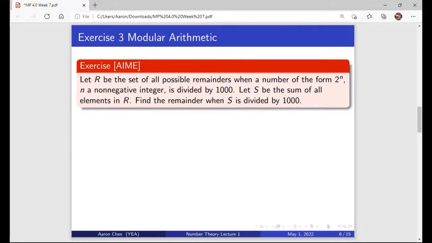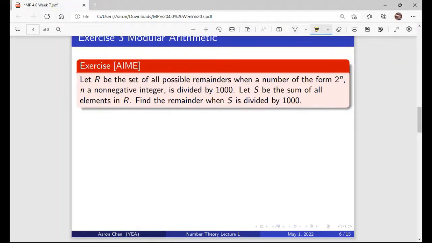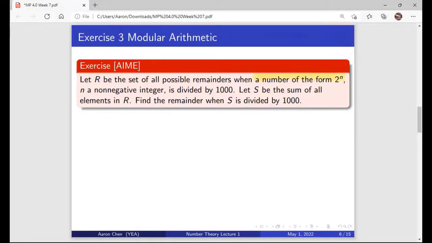Okay, so let R be the set of all the possible remainders when the number of the form 2^n is divided by 1000.